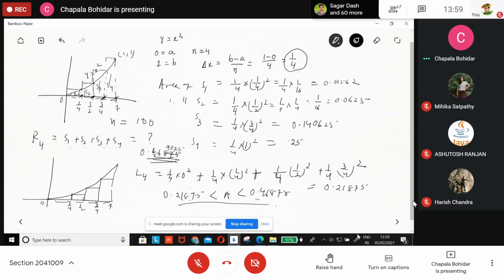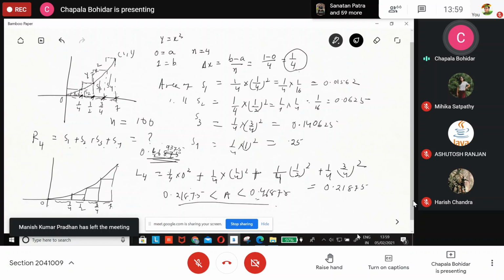By considering n is equal to 8, what do we get there? Then we check which one is closer. If n tends to infinity, then the left hand area and the right hand area are very close to each other.